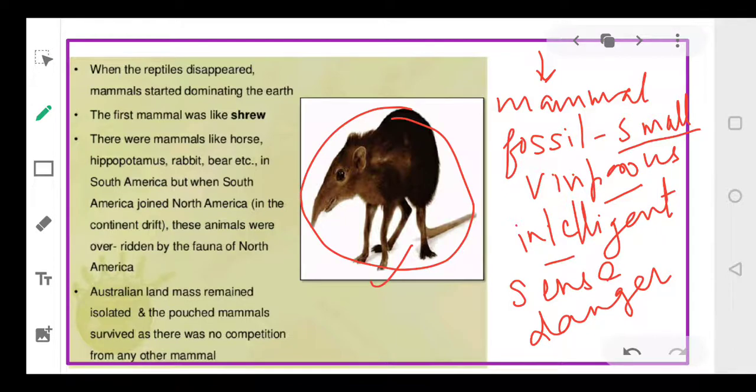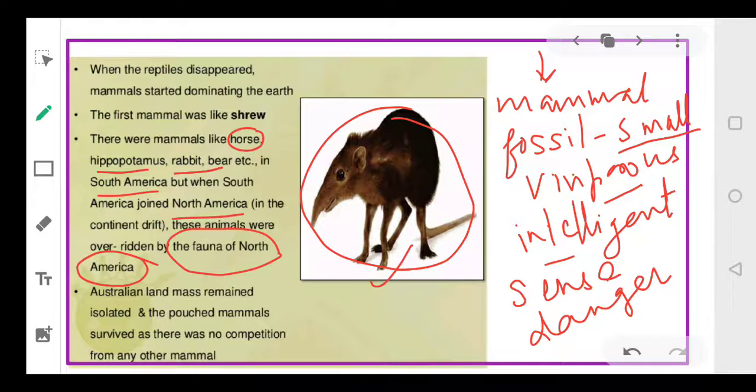These mammals were like horse, hippopotamus, rabbit, etc. And it would appear to have happened in South America. When South America joined North America because of the continental drift, these animals established the fauna in North America also.